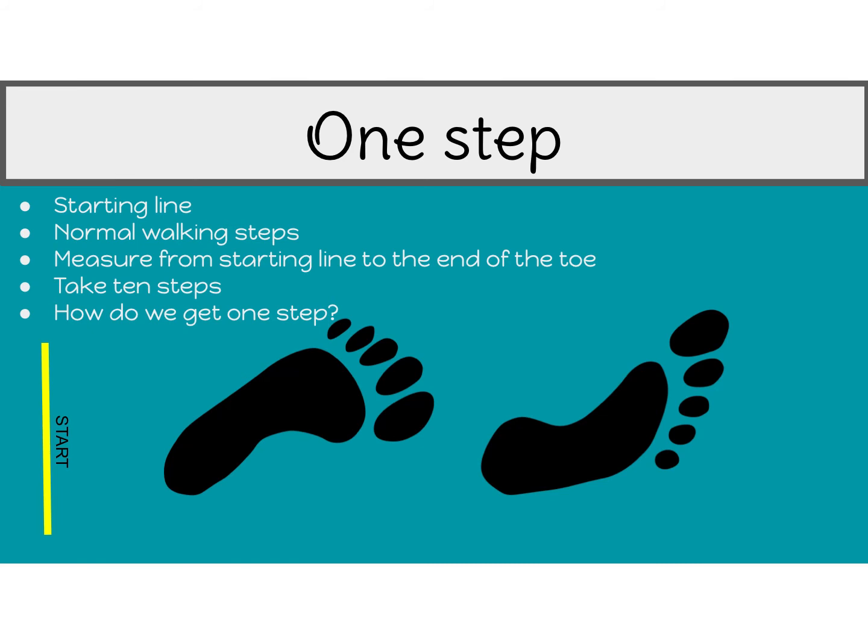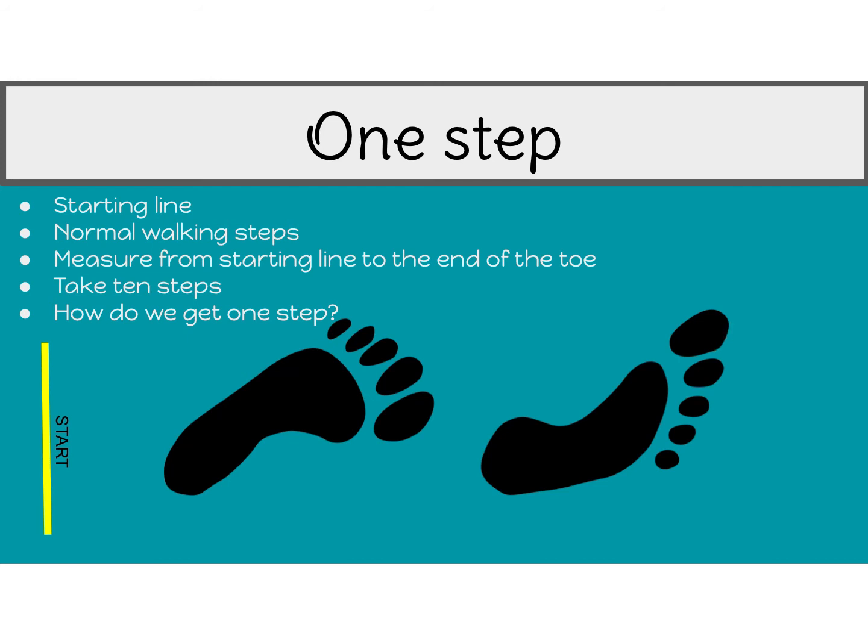We just want a normal step. And we're going to measure from the starting line to the end of the toe. So if you start here at this yellow line, we're going to measure from there all the way to the longest toe, which would be the big toe. So we would measure to right there for that distance.